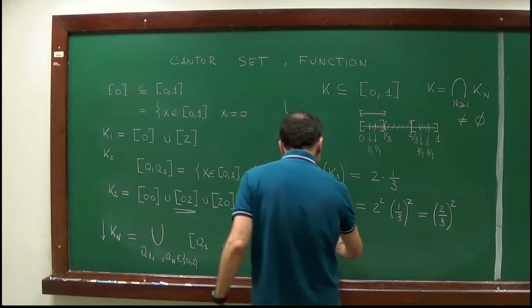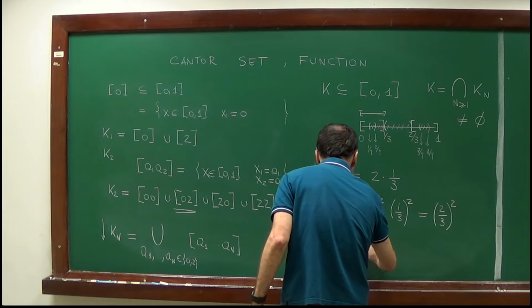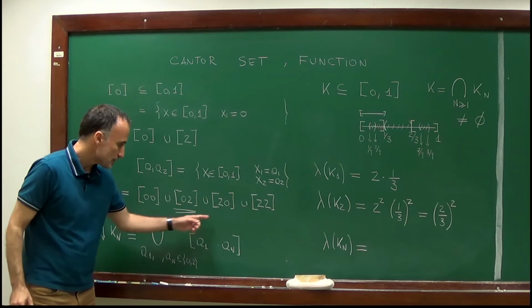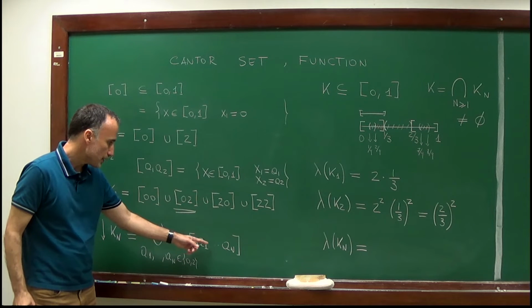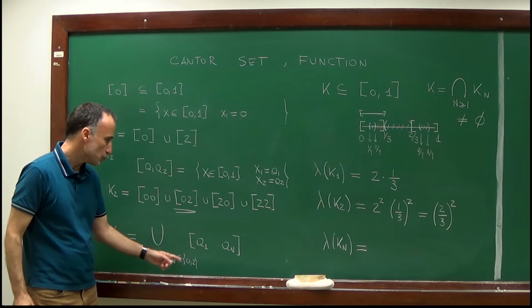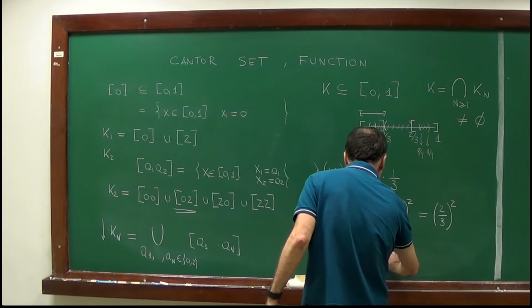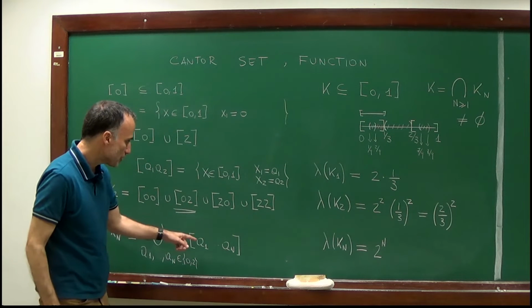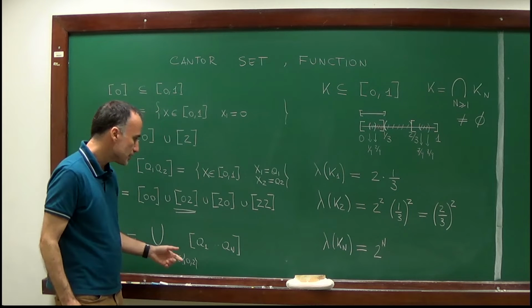And if you now consider the Lebesgue measure of Kn, again, how many sets are there? Well, we can choose each of these digits a1, ..., an to be either 0 or 2, and there are n of them. So we have 2 to the power n possibilities. And for each fixed one, we're imposing a condition on the first n digits.